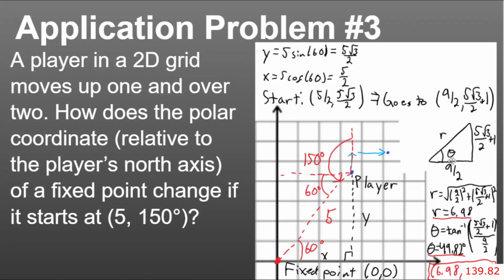Theta, then we can solve for using the tangent inverse of our opposite leg over our adjacent leg, and that looks a little bit ugly here, but then we can get theta equal to 49.82 degrees, and our final answer is going to be a radius of 6.98 and an angle of 139.82, because we're actually adding that initial 90 degrees back onto our angle.